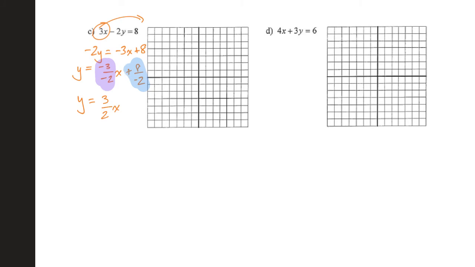We have a positive 8 divided by a -2. And if I take a positive divided by a negative, then I'm going to get a negative, and 8 divided by 2 gives me 4. There would be how I could isolate and write my equation in slope-intercept form, because we can now see there's our slope and there's our y-intercept.